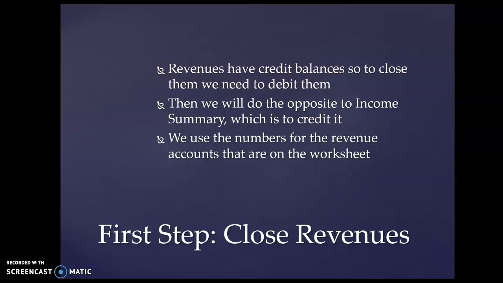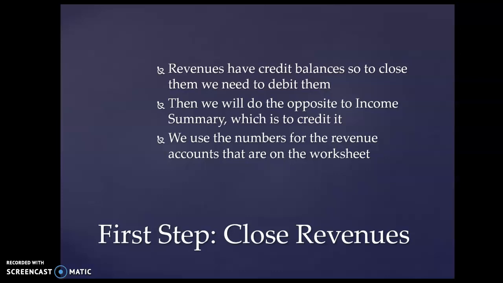Now, if I debit the revenue account, that means I'm going to have to do the opposite to the income summary, which is to credit it. For every journal entry, my debits must equal my credits. So we would credit income summary. Where are we getting these numbers from the revenue accounts?